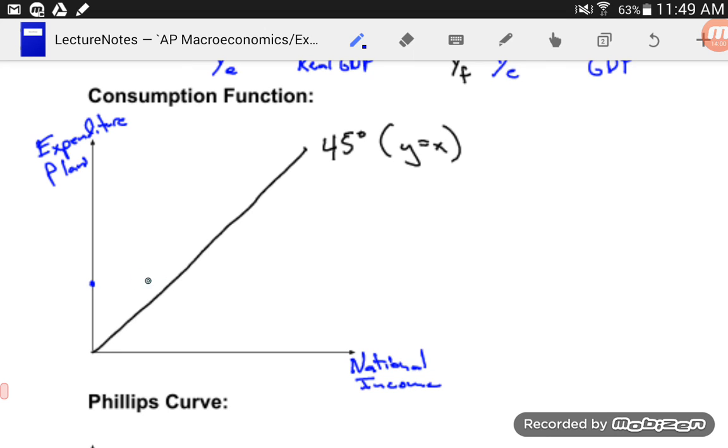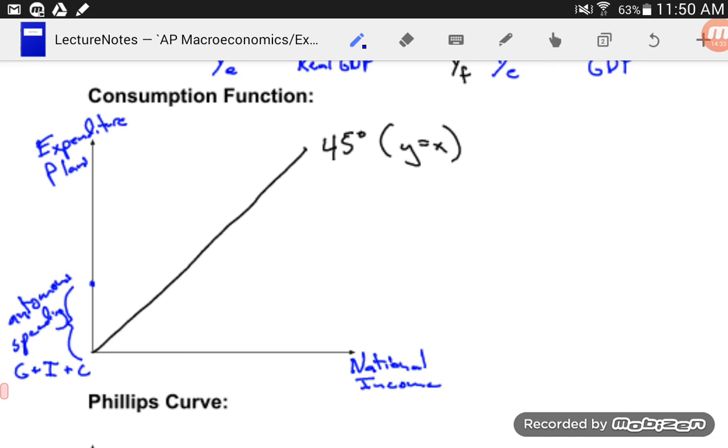That is our level of autonomous spending. So from here to here, that is autonomous spending, meaning that's going to happen regardless, and often we consider government spending and investment spending are parts of autonomous spending, and actually part of your consumption is going to be autonomous as well.